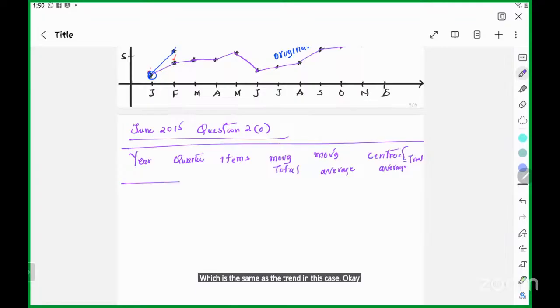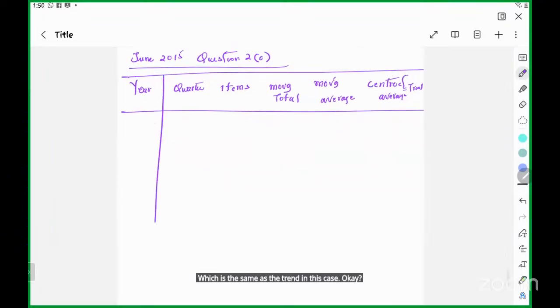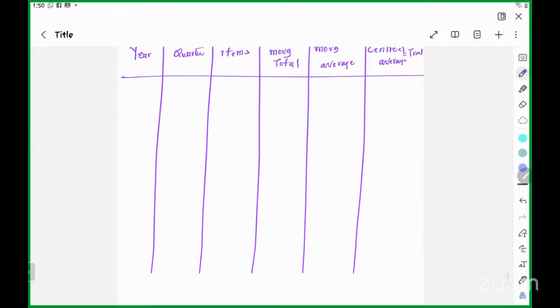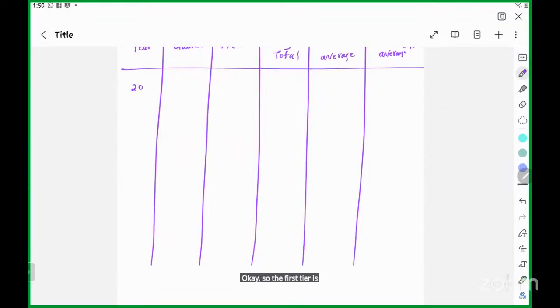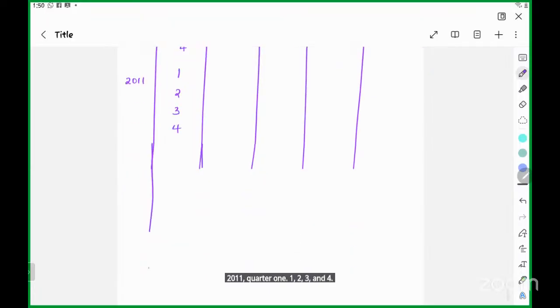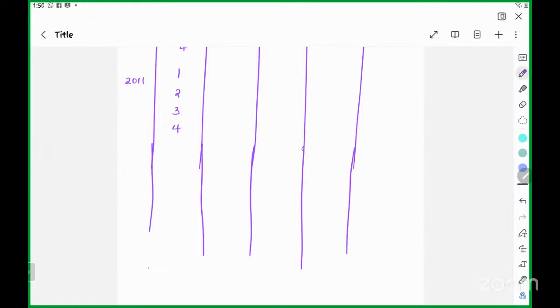Okay. So the first year is 2010. We have quarter 1, 2, 3, and 4. 2011, quarter 1, 2, 3, and 4. And then 2012, quarter 1, 2, 3, and 4.